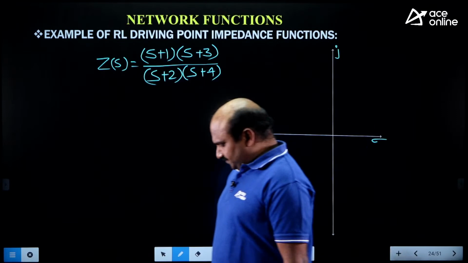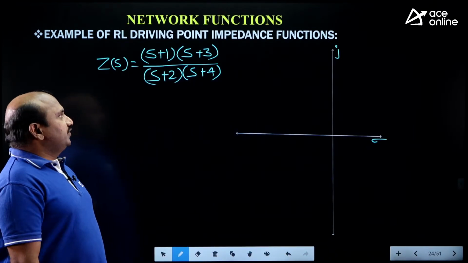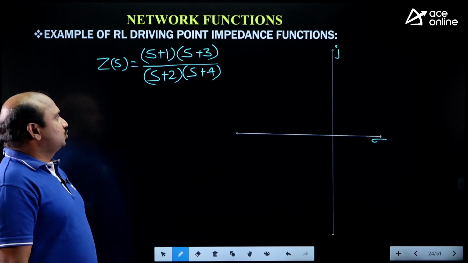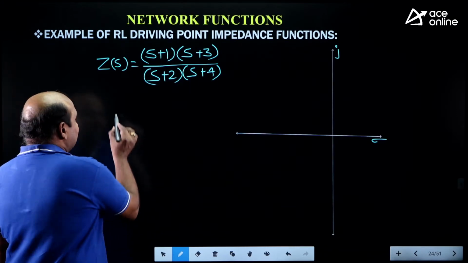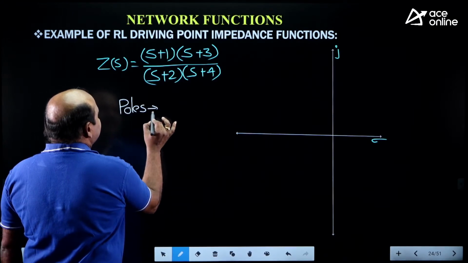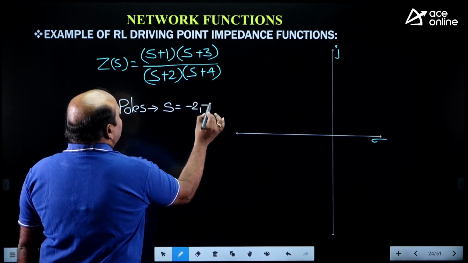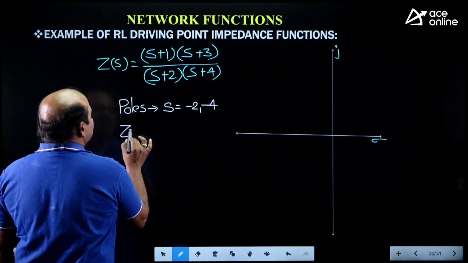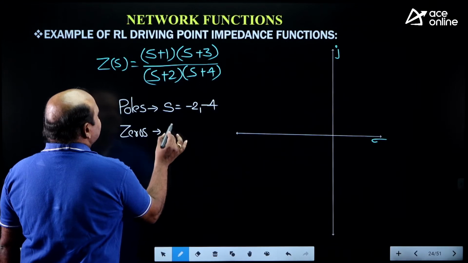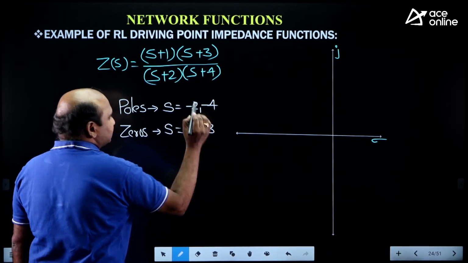See this: Z(s) equals (s plus 1)(s plus 3) over (s plus 2)(s plus 4). Now tell me, what are the poles for this one? The poles I can take here: s equals minus 2, minus 4. What are the zeros? By making the numerator equal to 0, you get zeros at minus 1 and minus 3.